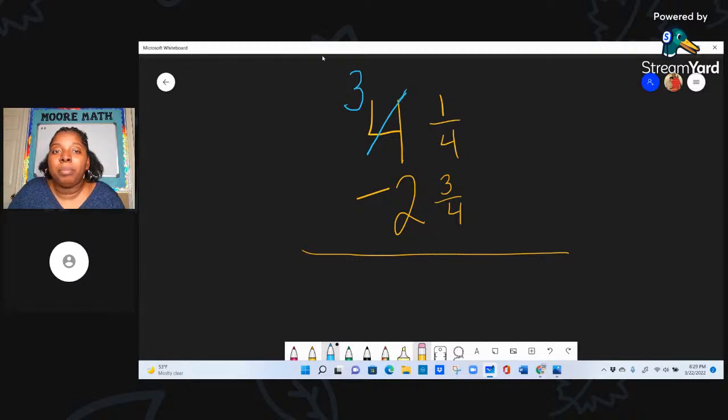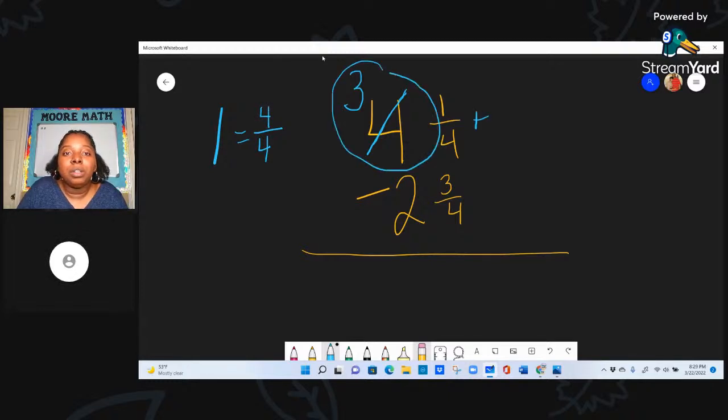Okay. How much did I borrow from the 4 to make it a 3? 1. Okay. So it's 1 whole. How many fourths equal 1 whole? 4. Good. So we're going to add that 1 that we borrowed from the 4 to the 1/4 to make it bigger. All right.